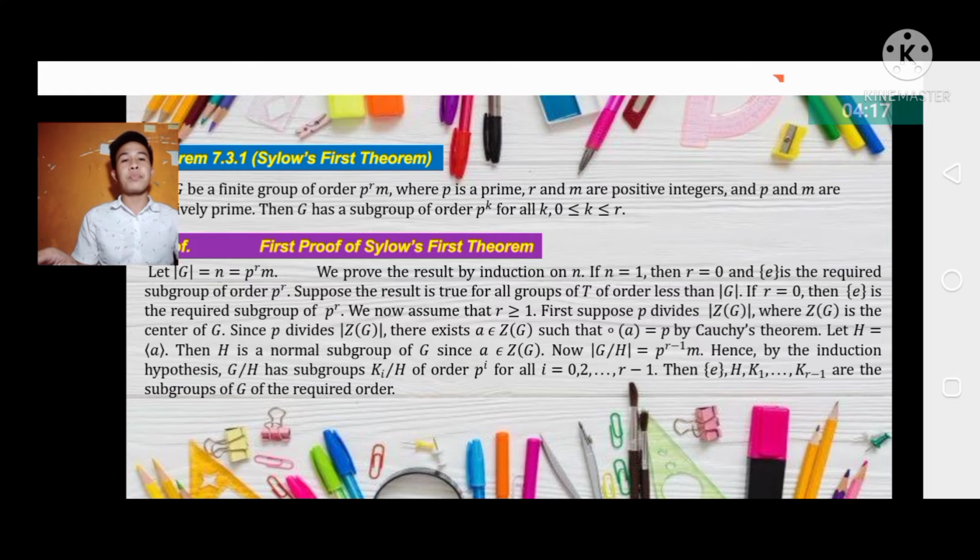Recall the definition of Cauchy's theorem: if G is a group and p is a prime number dividing the order of G, then G contains an element of order p. That is the definition of Cauchy's theorem from the previous chapter. Let H be the subgroup generated by a, meaning a is the generator.